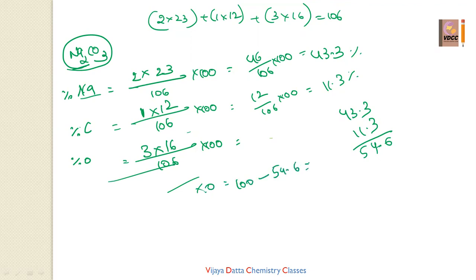Both will be the same. See here, 16 threes are 48, 48 by 106 into 100 gives roughly 46%. Even if you subtract 54.6 from 100, you will get the same. So like this we can calculate the percentage composition for any compound.